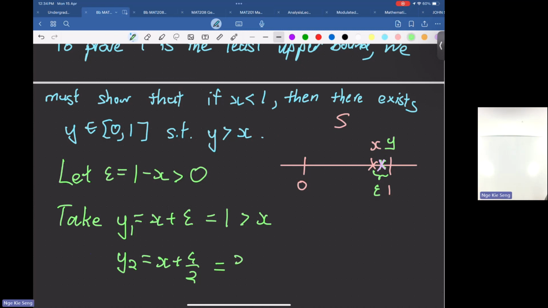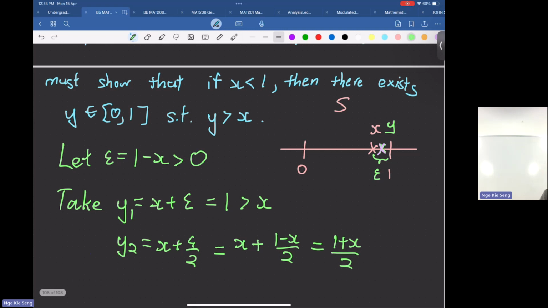So this is x plus (1 minus x) over 2, which is what? Which is (1 plus x) over 2. Is this correct? Okay. Is this still greater than x?